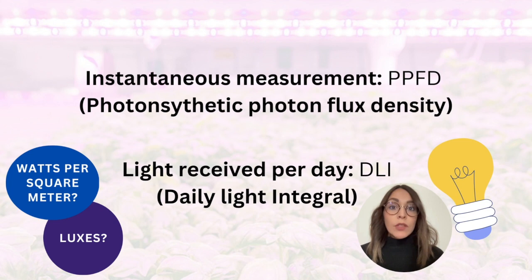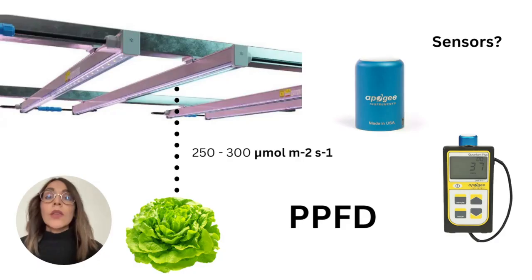It's very important to understand how to calculate this, because this way you will know if you have too much light or not enough light inside of your system. DLI is one of the most important units when trying to understand if you have enough light in your system.